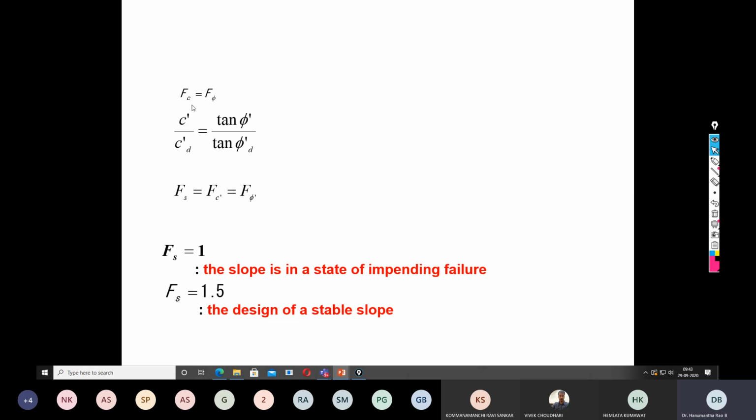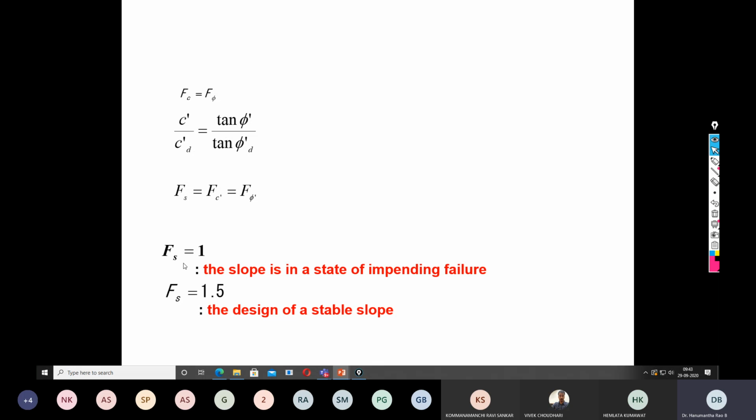If you assume that the factor of safety with respect to cohesion is equivalent to the factor of safety with respect to friction, then you can normalize this: C dash by C D dash is equal to tan phi dash by tan phi D dash, so that the two factors of safety are almost equal. Although this is practically not possible, it is useful when you want to understand the behavior of cohesive soils independently and frictional soils independently.